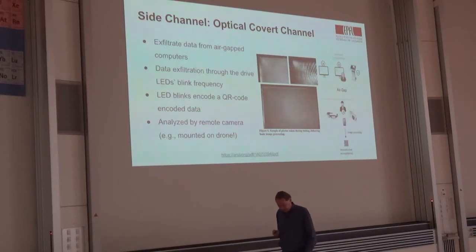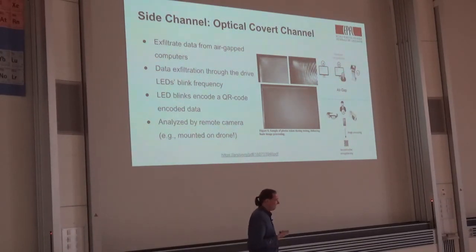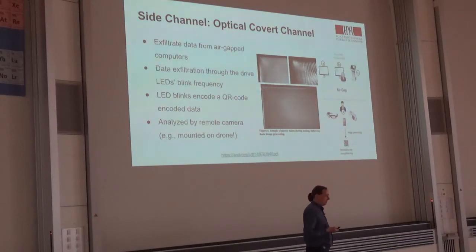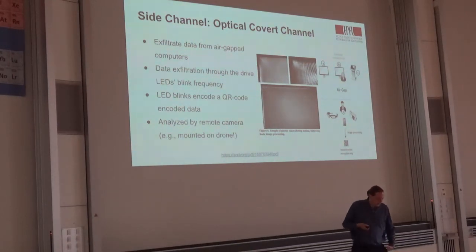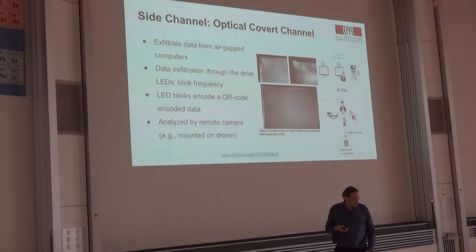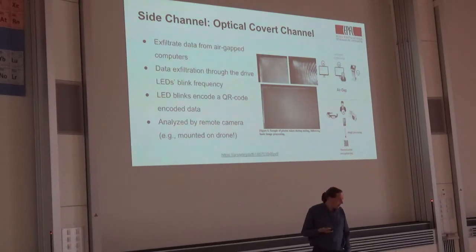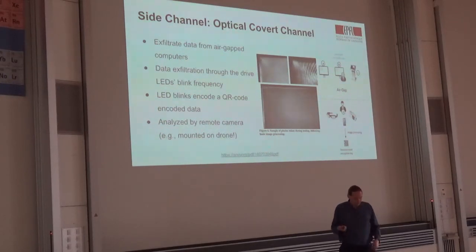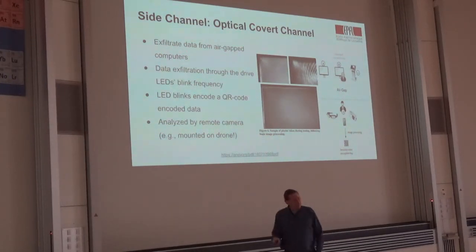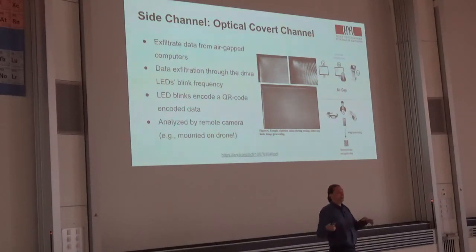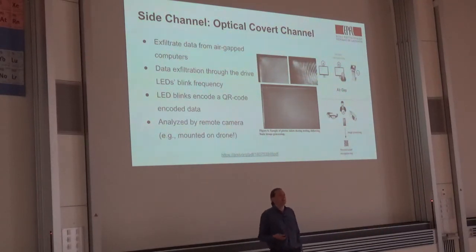So, other side channels. We talked about other types of emissions. You can have optical covert channels. There was an interesting demonstration. In many secure environments, we talked about mandatory access control in an earlier lecture, in high security environments where all classified information is supposed to stay in this room and nobody's supposed to be able to leave without it.